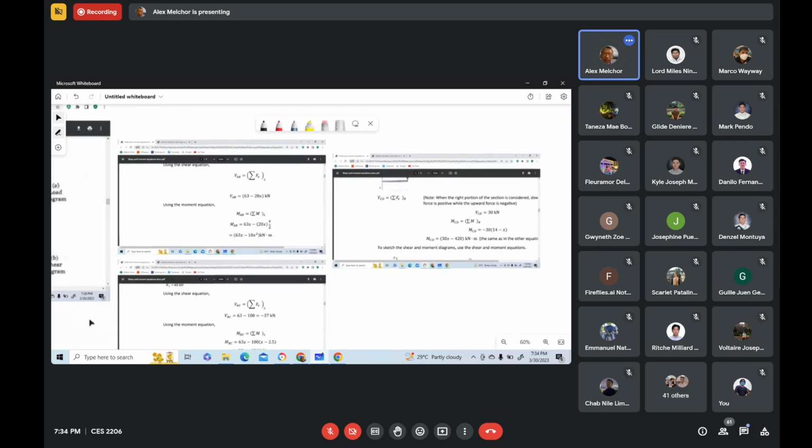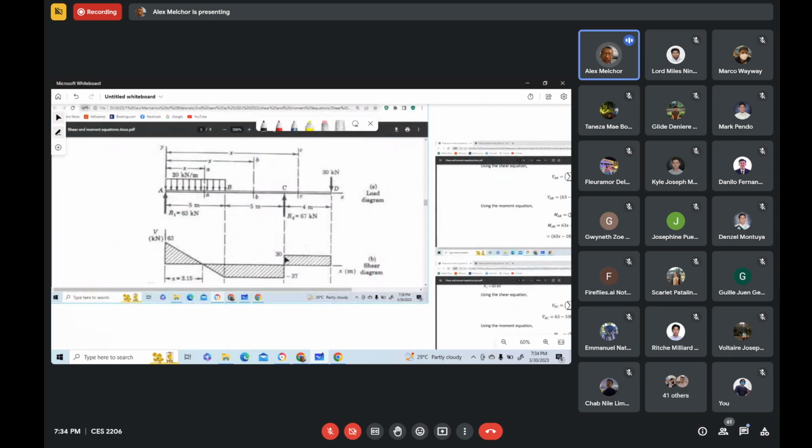Okay? So that is why we have 30 here. And then there is no load, so this will be a horizontal line. And then we have there a load that is acting downward. So 30 minus 30 gives us 0. So this point here is 30.